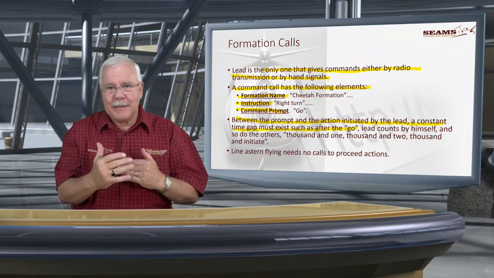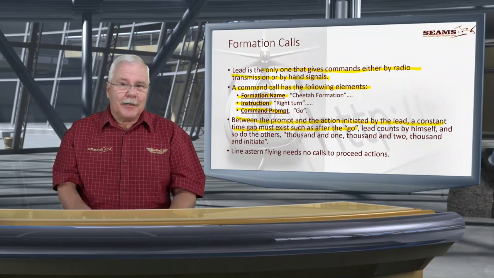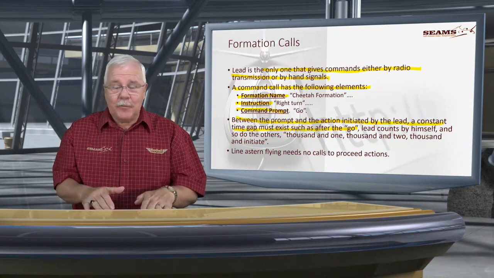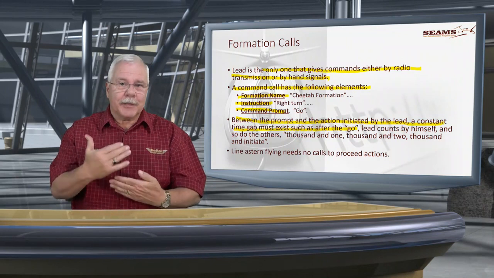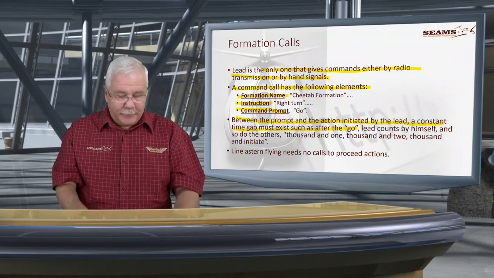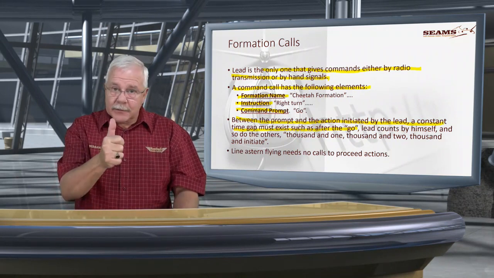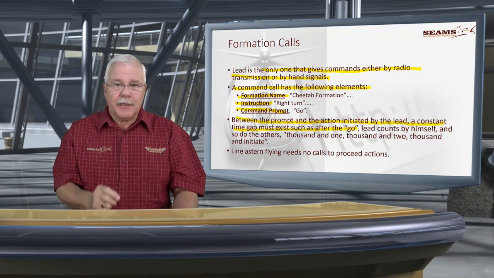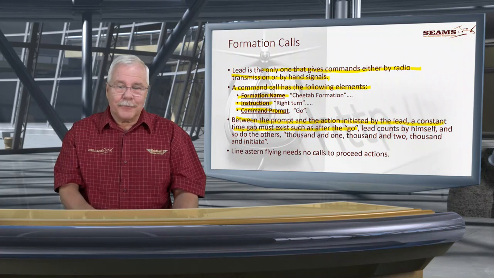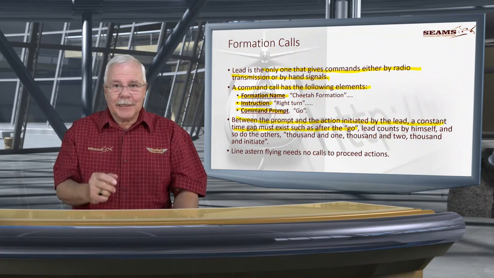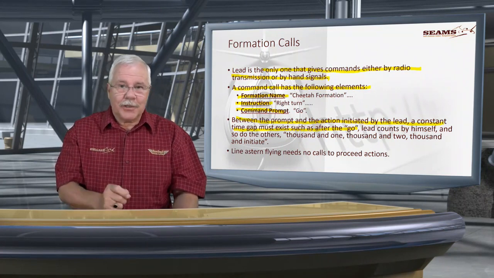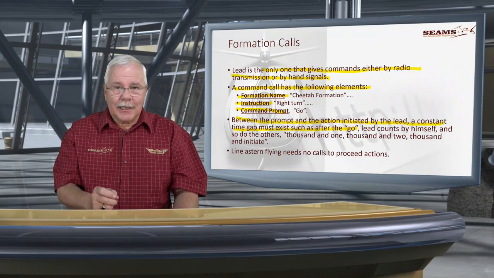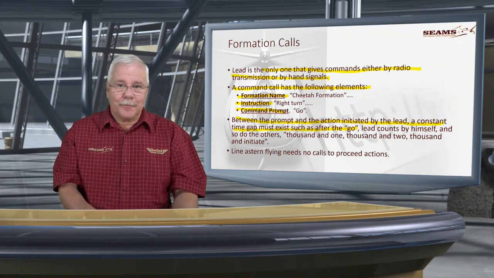As the leader and the other aircraft in the formation get used to each other, they will get used to the commands. The name, what are we going to do, and go. Smoke on, go. Cheetah formation, descend, go. Cheetah formation, climb, go.